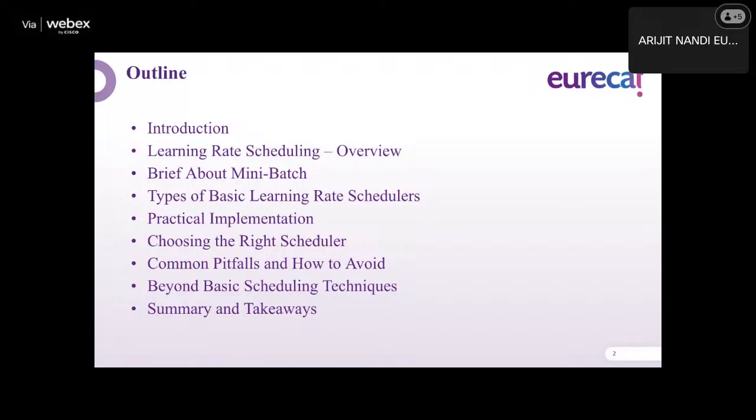So the overall outline: I first introduce why this is important, then go over learning rate scheduling, very briefly mini batch, then the different types of learning rate schedulers, then a practical implementation. I try to showcase empirically how these learning rate schedulers, especially which method, actually impact your model training phase and provide better performance of your neural network.